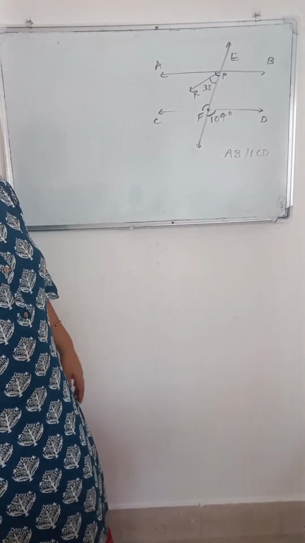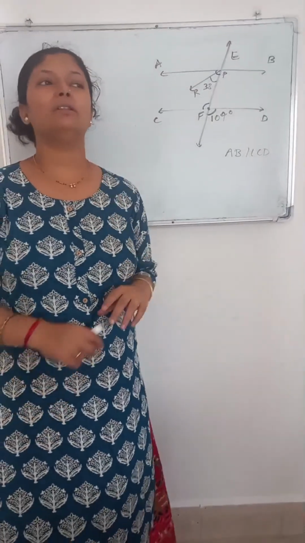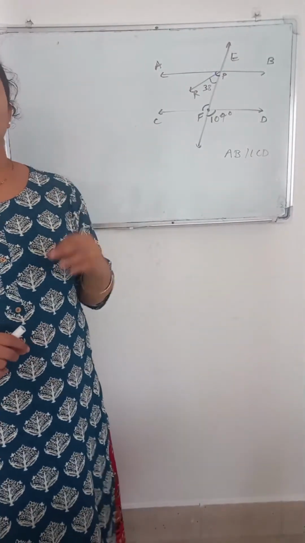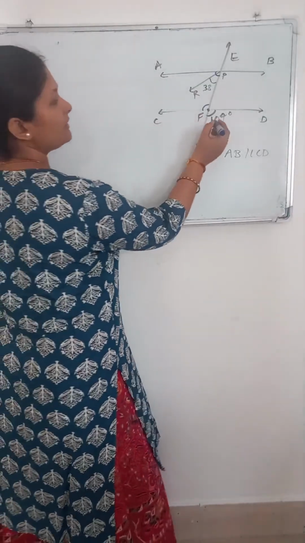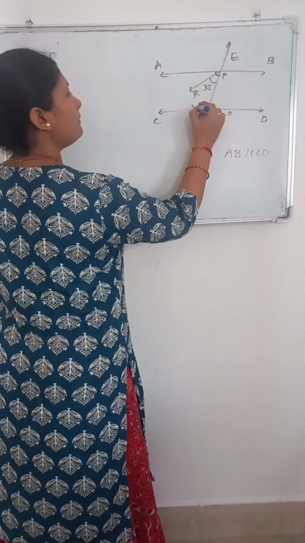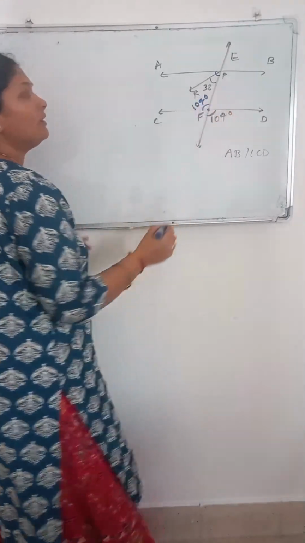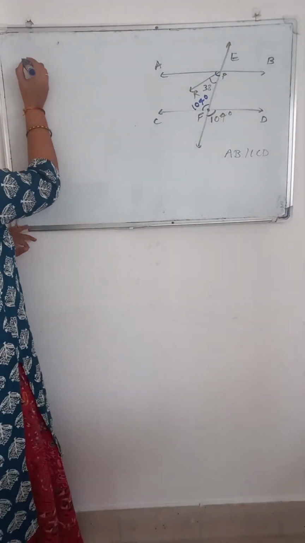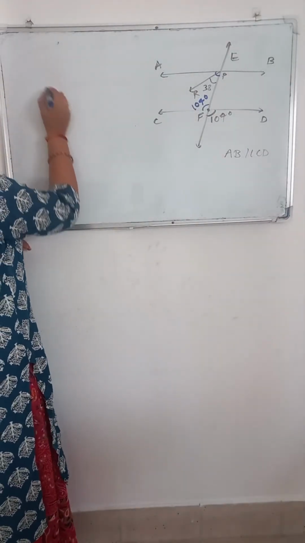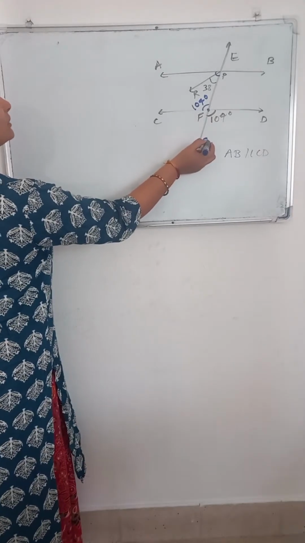Now a very important thing: in class 8 we learn these corresponding angles, co-interior angles, alternate interior angles. Okay, so here this is 104, then this opposite angle is also 104 because they are vertically opposite angles. Suppose this is EFG.